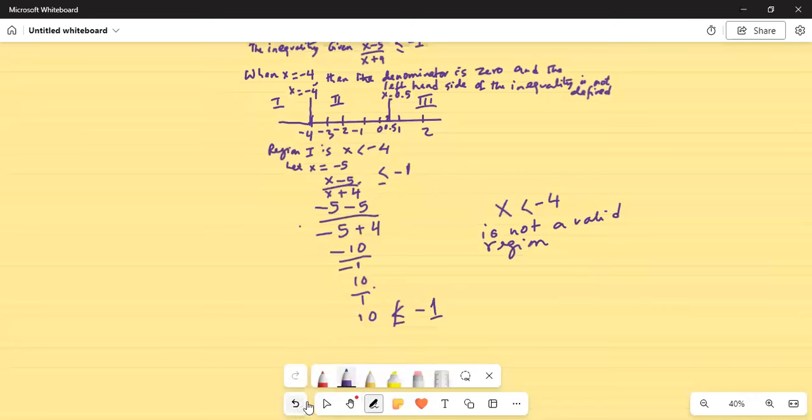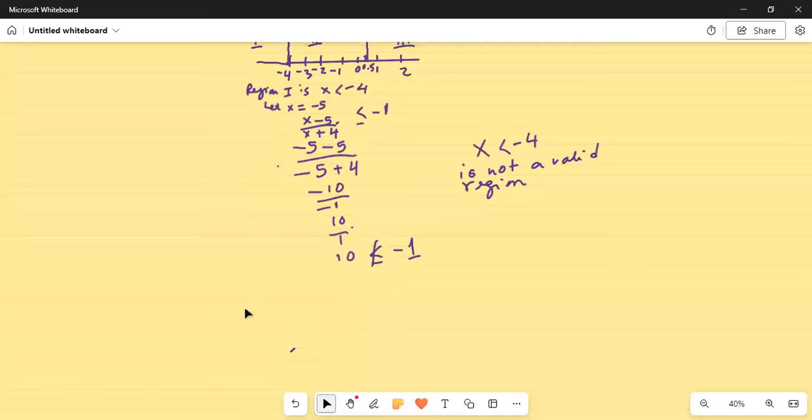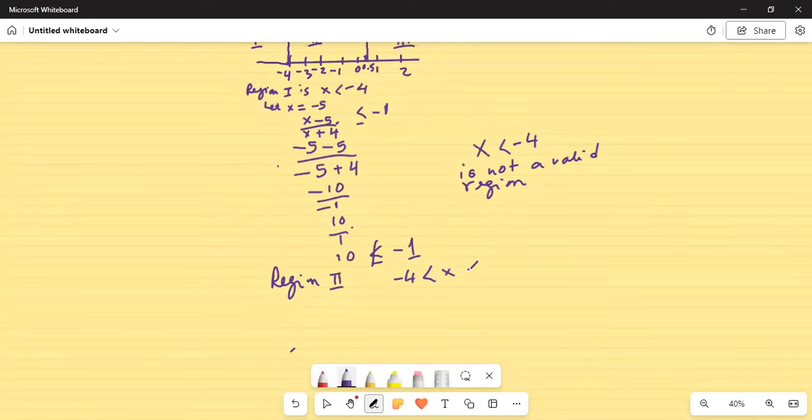Okay, then we will select a point in region 2. So region 2 is x from -4 less than x less than 0.5. Let x equal to 0. So we have x - 5 divided by x plus 4 less equal to -1.